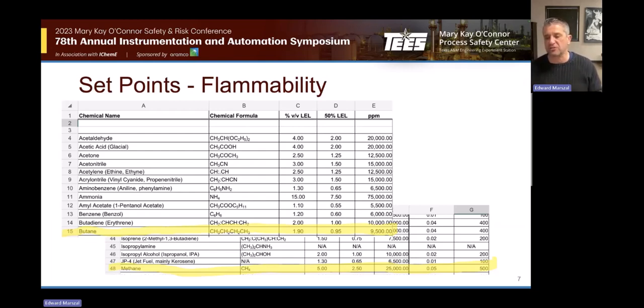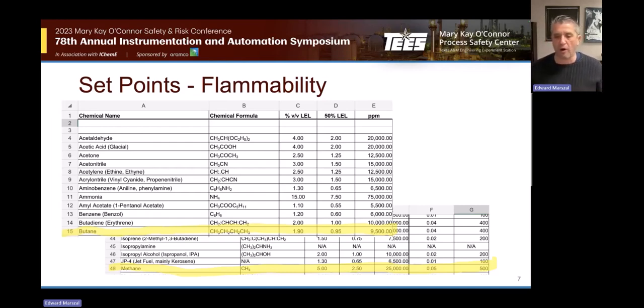So you have to understand that the parts per million is kind of the truer representation of what you're measuring, and the percent of LFL gets contrived off of that parts per million.